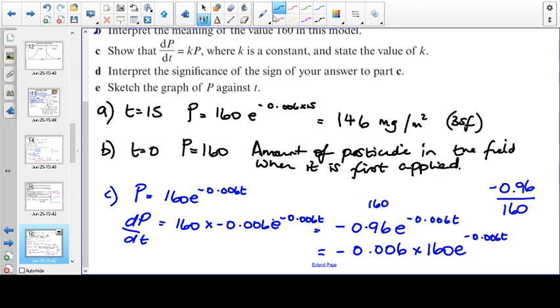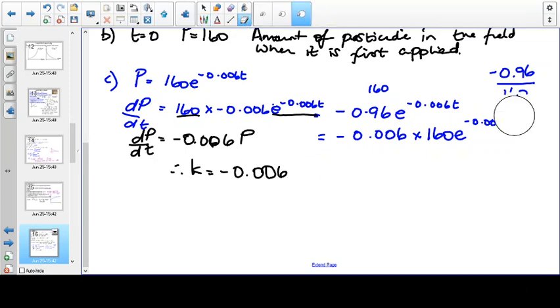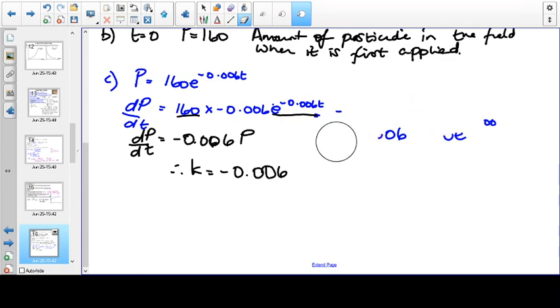I can just go back to here. dp by dt. There is the p, 160 e to the negative 0.006t. So it's negative 0.006, and then there's the p, which means that k then must be negative 0.006. Okay, so actually I didn't need to do any of that. Apologies, that was a waste of time.